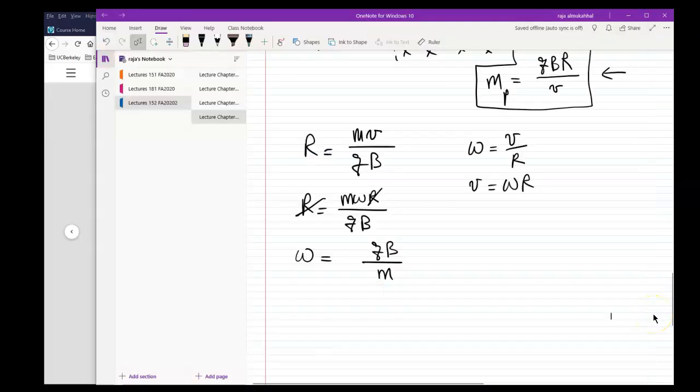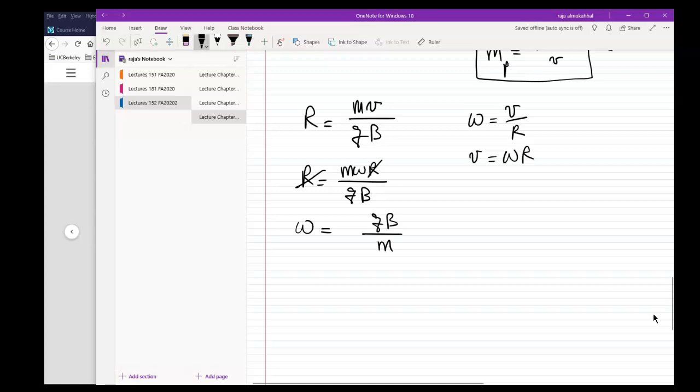A more useful formula, however, again, if you remember, omega is equal to 2 pi f, f being the frequency. And so I can substitute this into this equation. So I'm going to have 2 pi f equals qB over m.